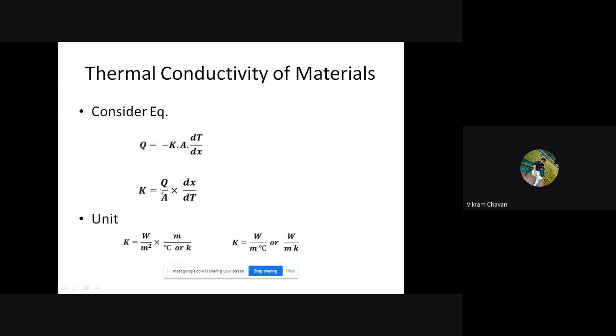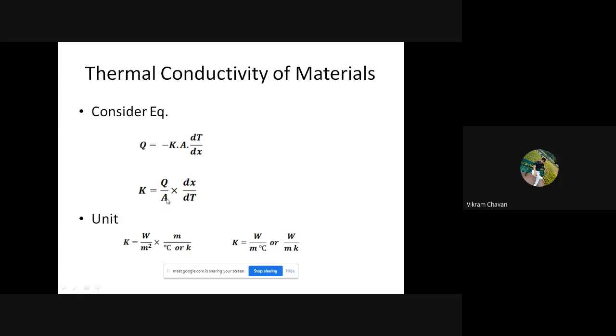Okay, now here in this equation, why is there no minus sign? Because we have considered that this negative sign is absorbed here in this dt terminology, so here there is no negative sign. So the k unit we have to derive. So q, that is the heat transfer rate, has unit watt.